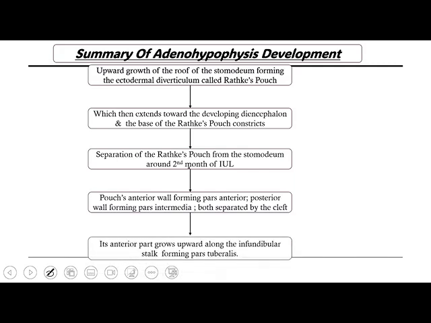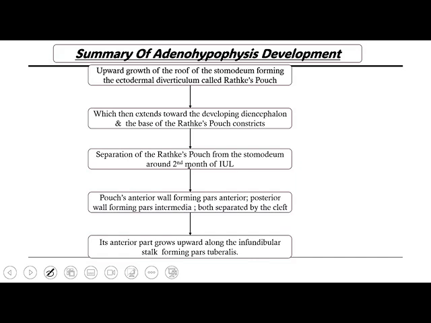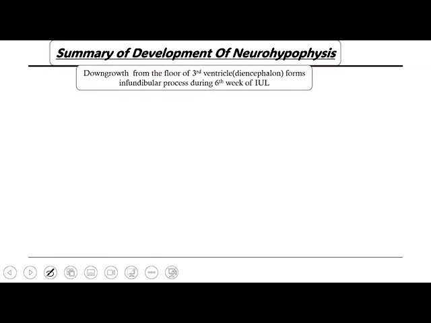Next, we can see its anterior part grows upward along the infundibular stalk, forming the pars tuberalis, which forms the ring-like structure around the infundibulum. And here's the summary of the development of the neurohypophysis, which has been developed from the downgrowth from the floor of the third ventricle or developing diencephalon, which forms the infundibular process during the sixth week of intrauterine life.